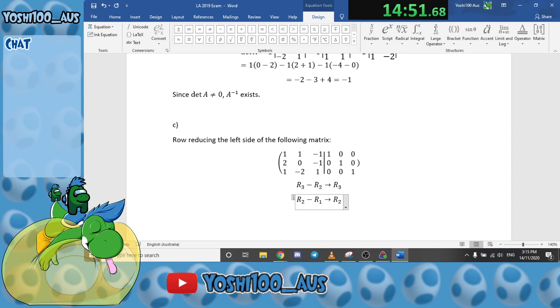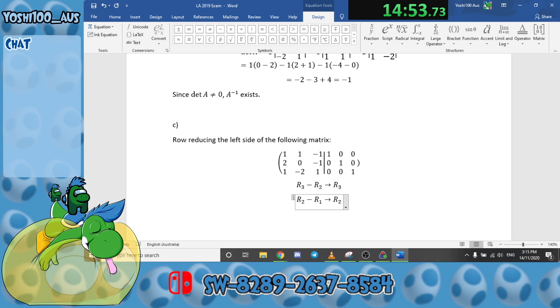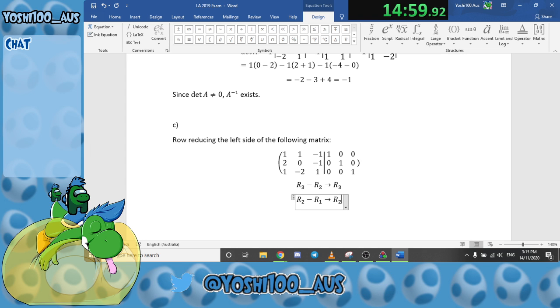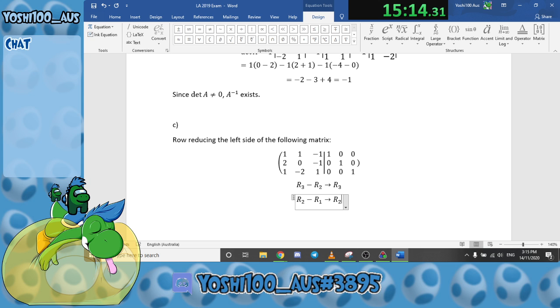Interesting. If I do R1 take R2, or should I add R2? No, I should take R2.